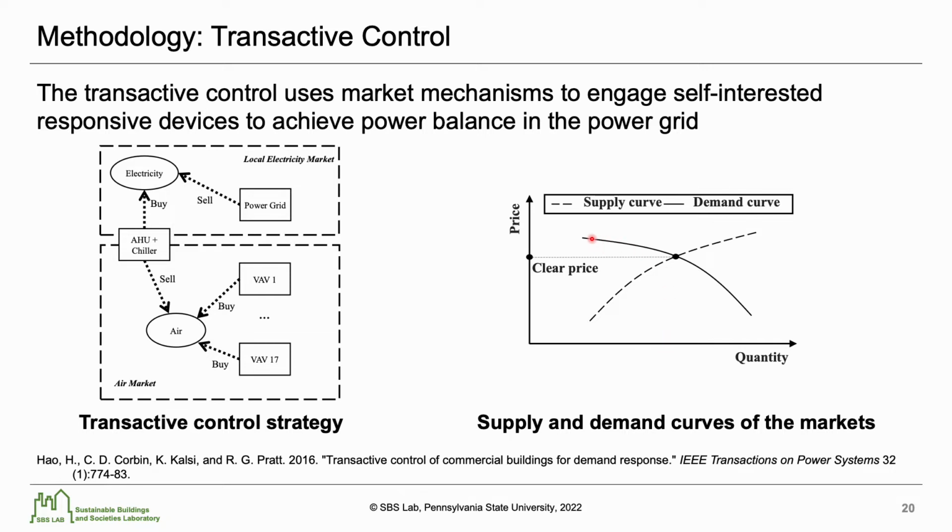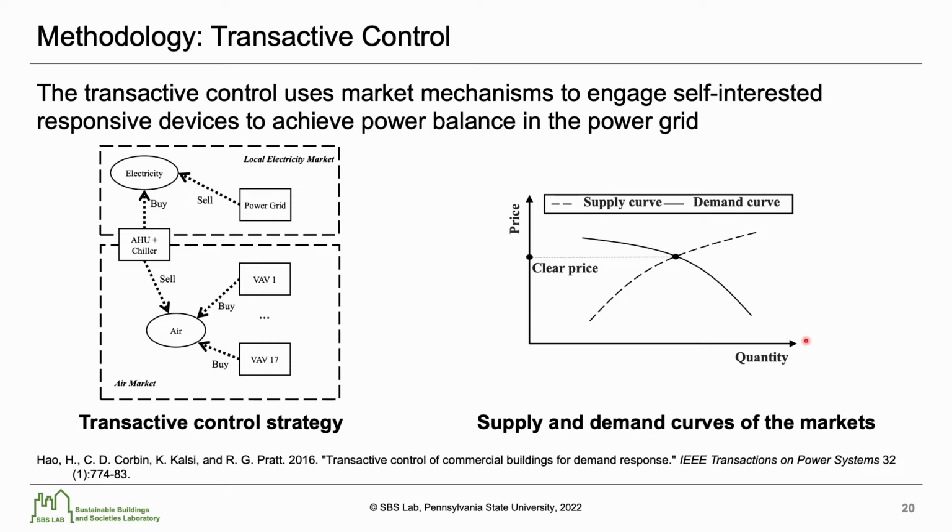Here we call it demand curve. As we can see, when the price drops, then we are willing to purchase more. Similarly, the seller agents create a supply curve, the dashed line shown here, showing the amount of resource they are willing to sell at a given price. Then the market determines an equilibrium price, named clear price, which balances the supply and demand.